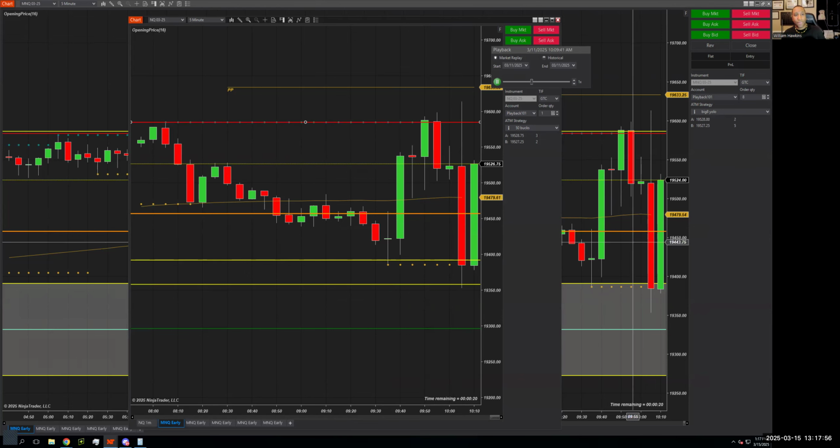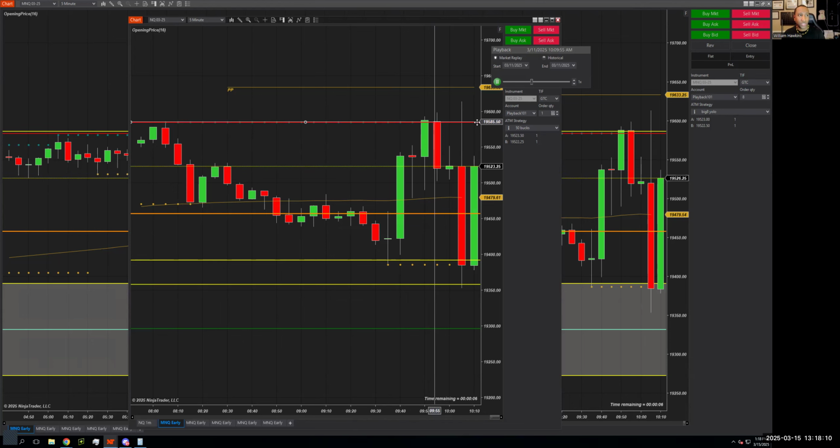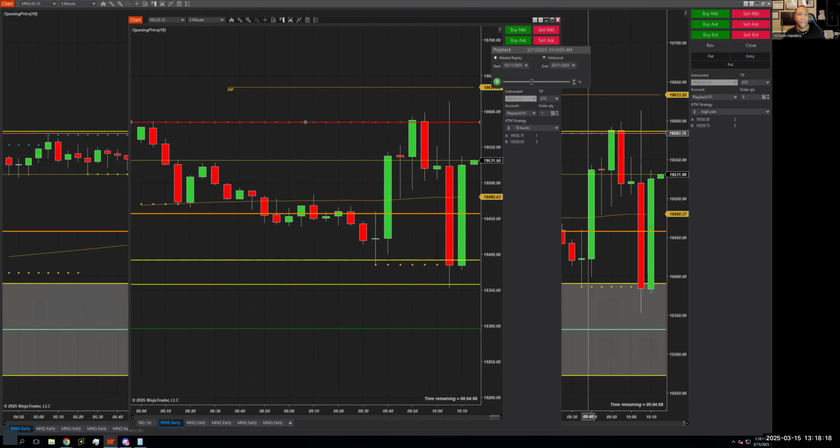This level right here is 583.75. This one is 585. So it's slightly off. It looks the same, but one is just slightly off than the other, just because of the volume that's in there. But as far as how they move, they move the same exact way.